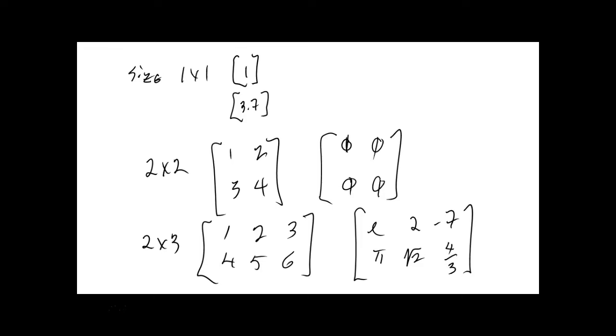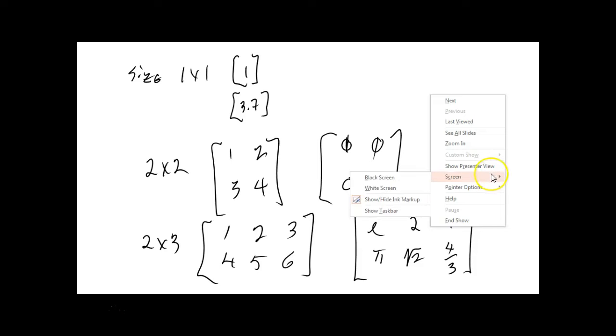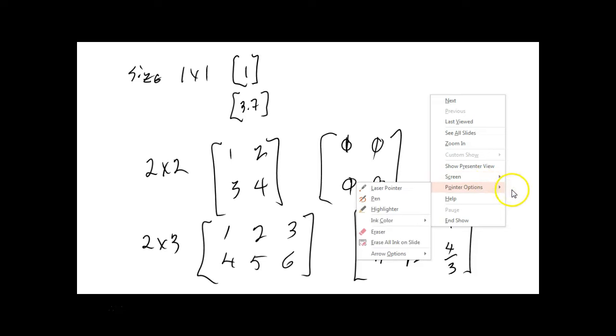Okay? So let's start with the system. Here's a system of equations. x minus 4y plus 3z is equal to 5.